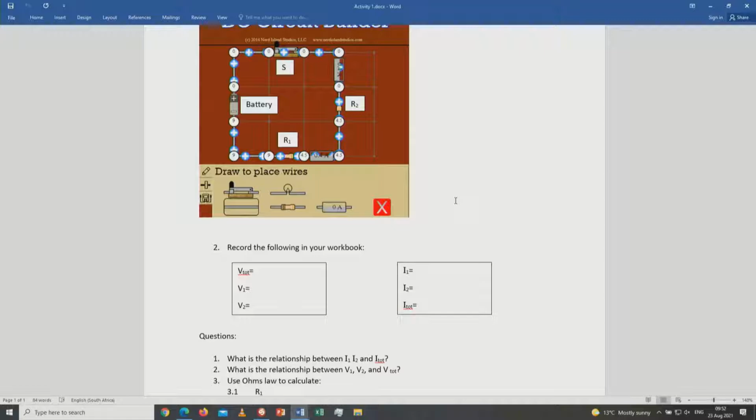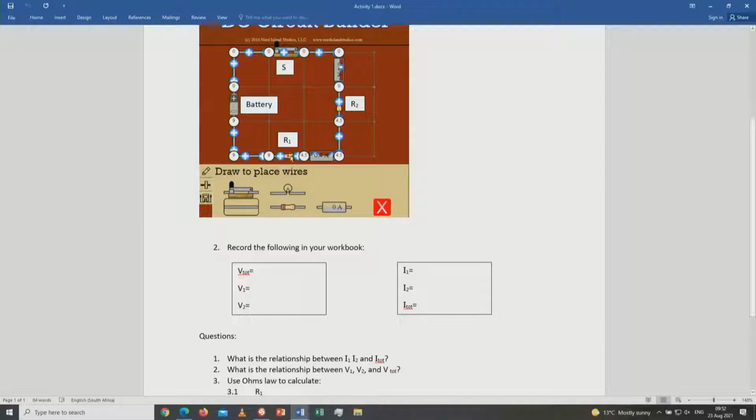Just check for me, what do you find to be the relationship between I1, I2 and I total? I just assume here you will have to figure out what I total will be. The second question says, what is the relationship between V1?